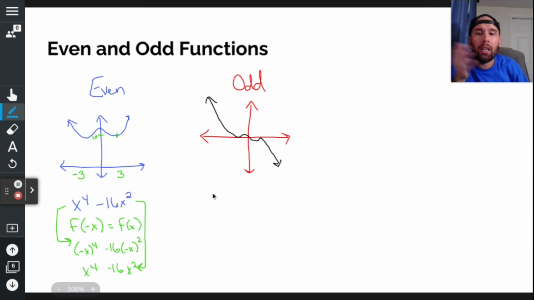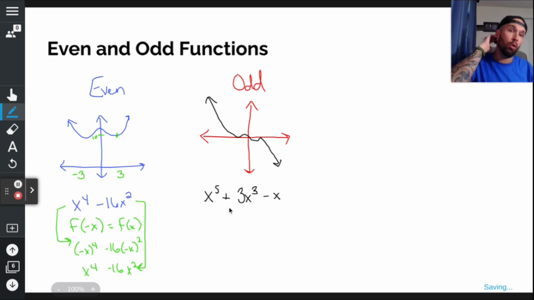So if I give you something that is like x to the fifth, plus 3x to the third minus x, and I'm going to ask you, is that odd? There's two ways that we can test this out.